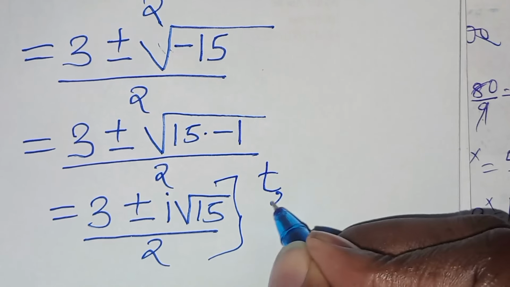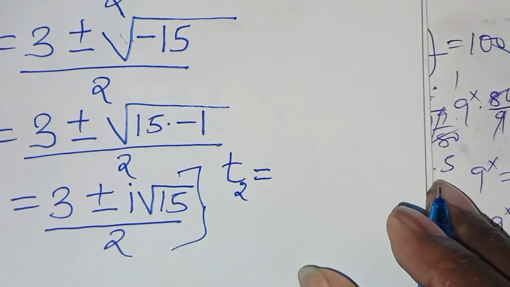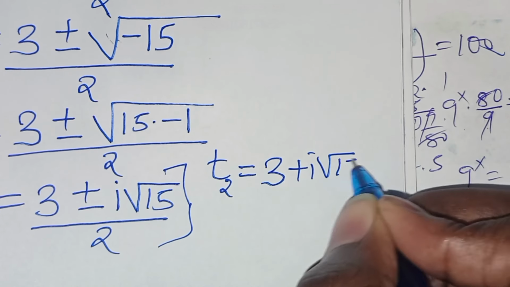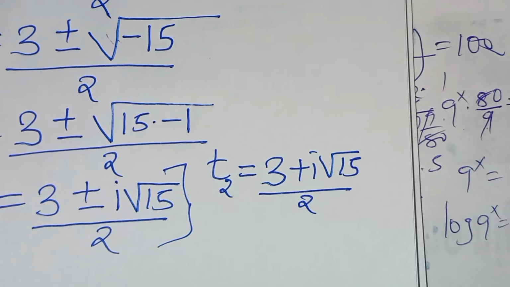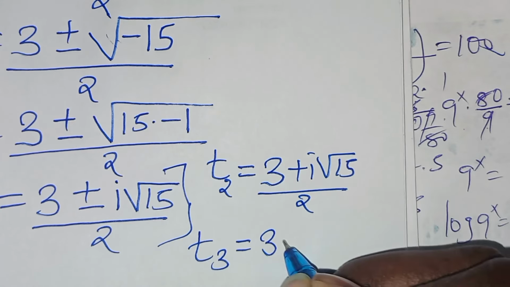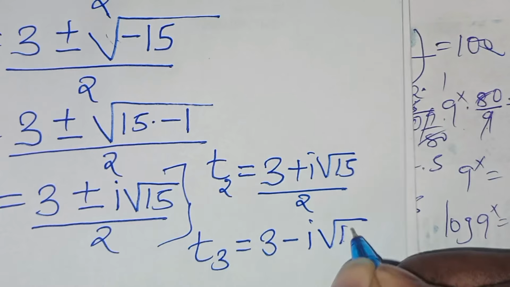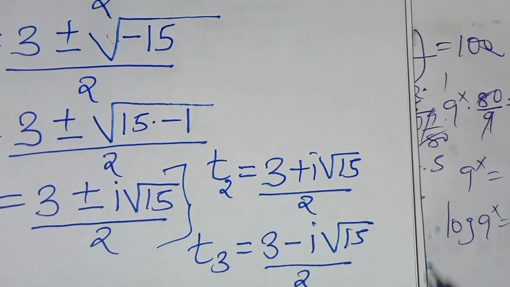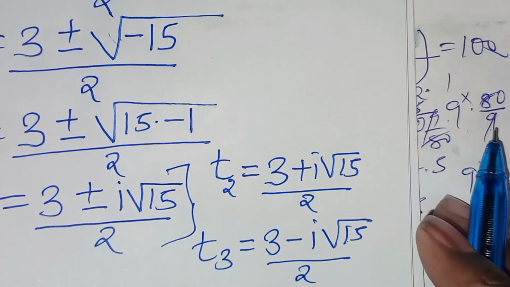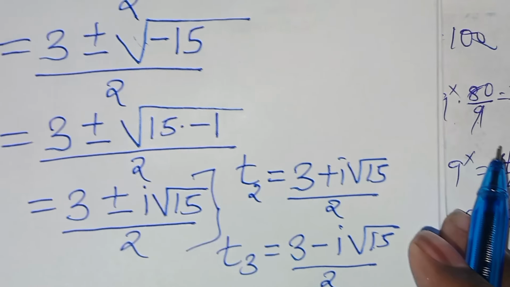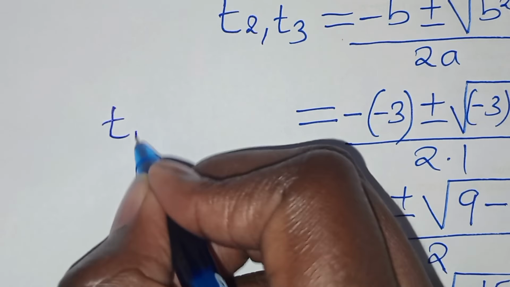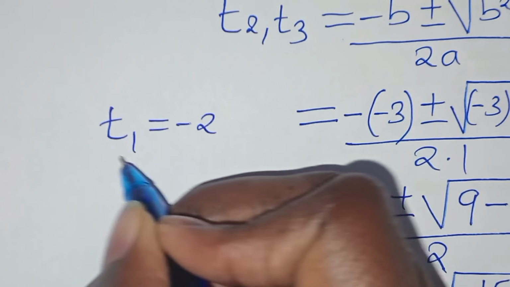We have t2, this is equal to 3 plus i square root of 15 divided by 2. And we have t3, this is equal to 3 minus i square root of 15 over 2. So these are two complex solutions that we have for this algebra problem. We only have one real solution, that is t1, which is equal to minus 2.